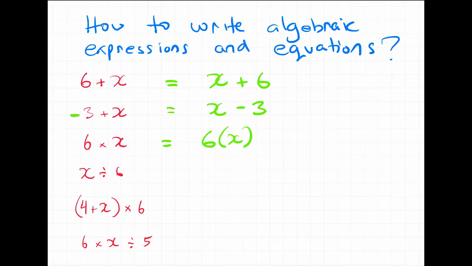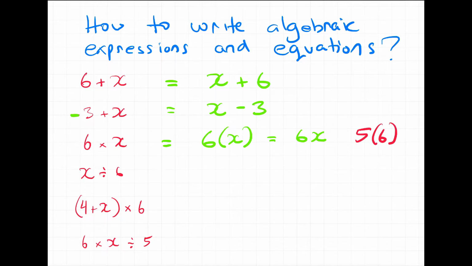But I don't even really need the brackets. So this is generally the way you're going to see it right here, 6x. If it was two numbers multiplied together, then the brackets are necessary, because 5 times 6, you can't write it like that. That's 56. But that is 5 times 6.